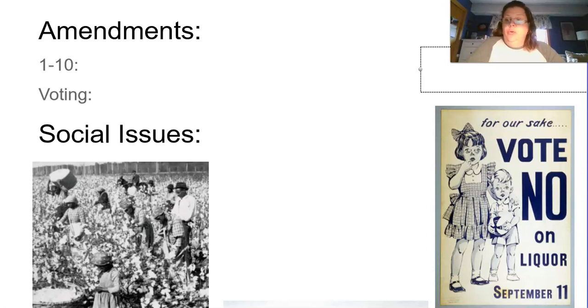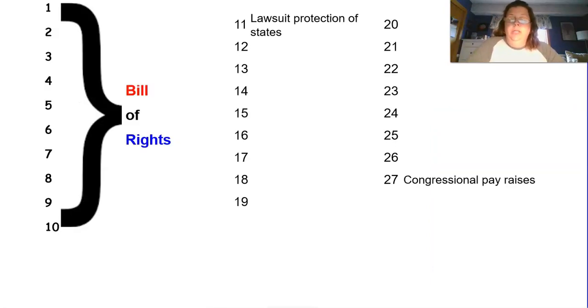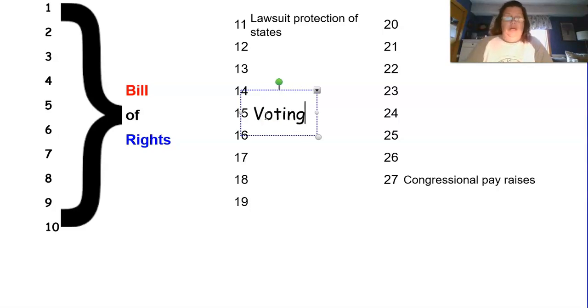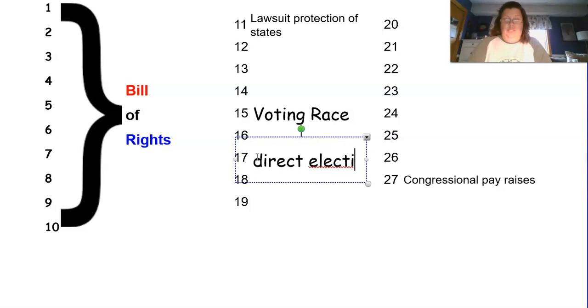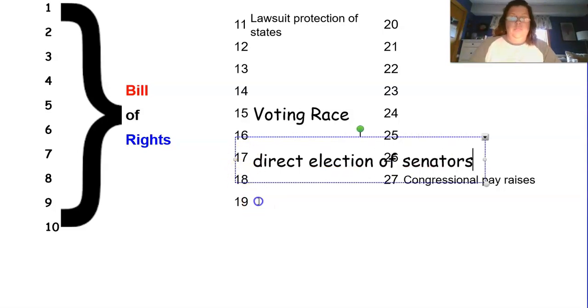All right, so if I go back and look at what we've done, we have talked about a number of these amendments already. We talked about voting based on race. We have addressed the direct election of senators. I know that's not even in the right spot.